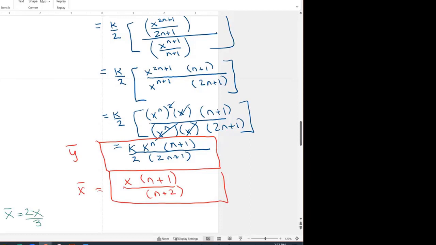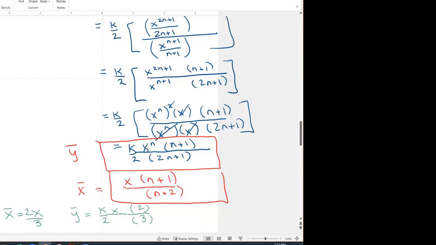We know x bar equals 2/3 x, and y bar is going to equal k over 2 times x to the n, times 2 over 2n plus 1, which is 3, since n is 1.